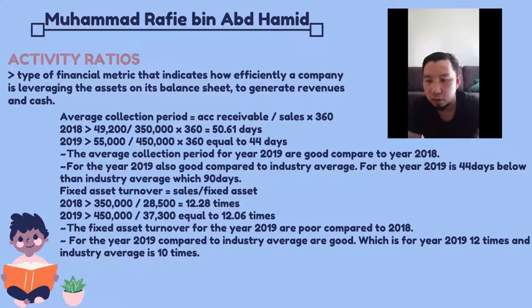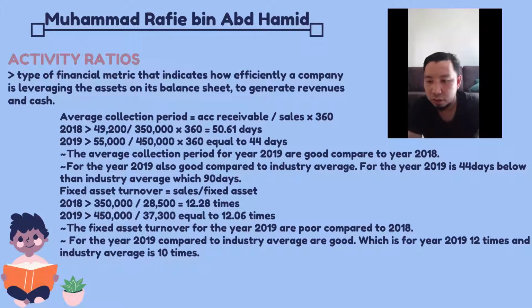Is cost of goods sold divided by inventories. The second one is average collection turnover, is account receivable divided by annual sales times 360.